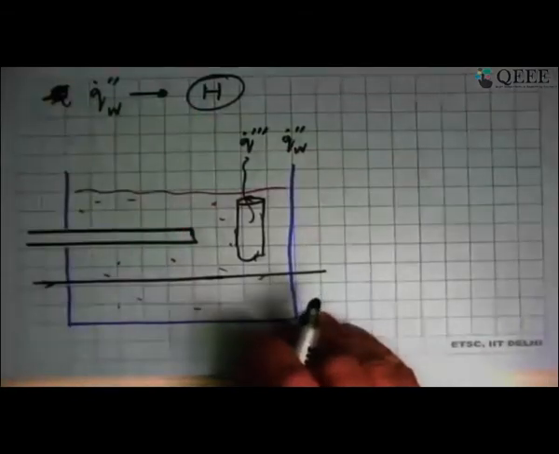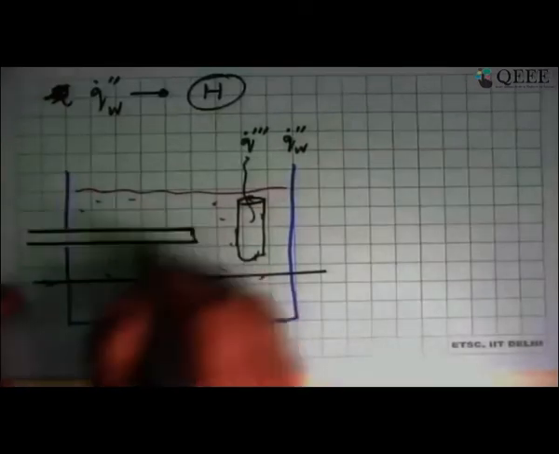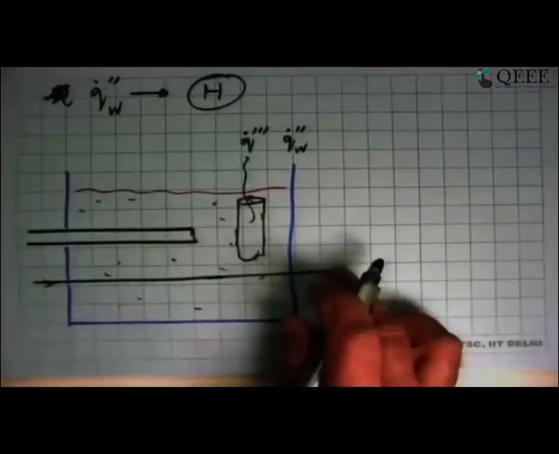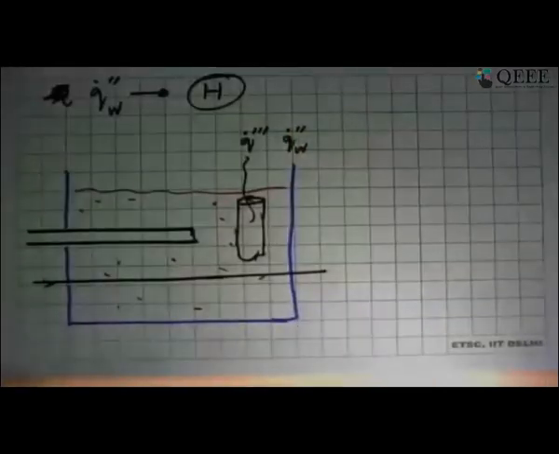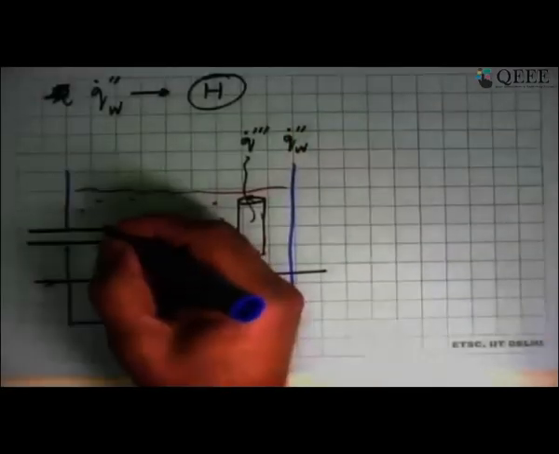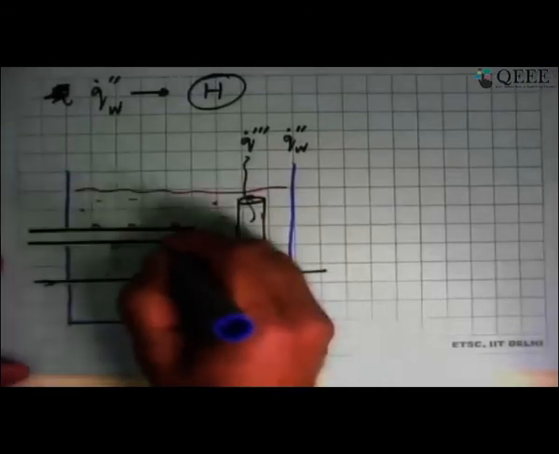Now let's see what will happen in this case. Let's assume that we maintain the same heat transfer rate in the wall. So whether this electric heater is there, we maintain a constant current through this, or this wire is there, we maintain a constant current through this. What's going to happen here, and also in this case, although it's a vertical orientation, is that when nucleation sets in, it will start forming bubbles all around the tube.